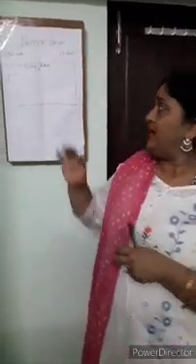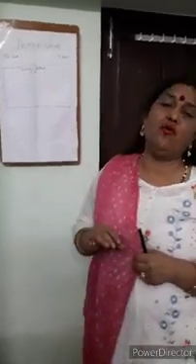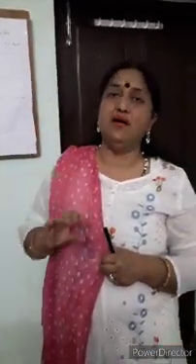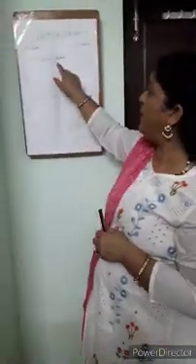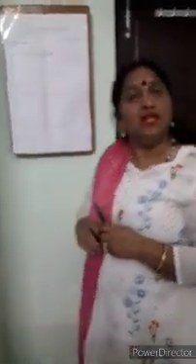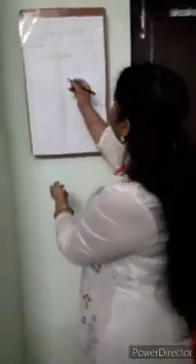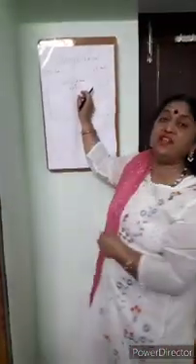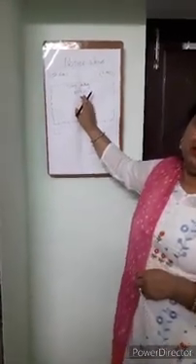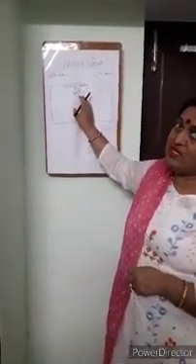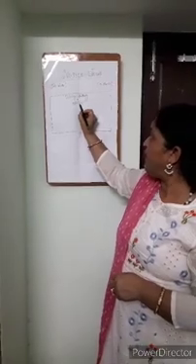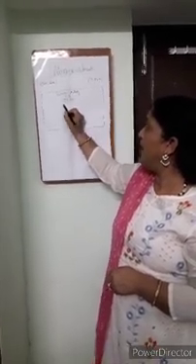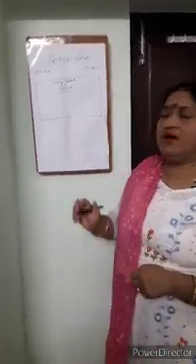But so that the things which are essential for writing a notice are crystal clear to the examiner, you leave one line after writing the name of the issuing authority. Then in capital letters, you write the word NOTICE. Now see children, writing the word notice in capital letters is very much important. It is mandatory. Then again you leave one line over here and then you write the title.